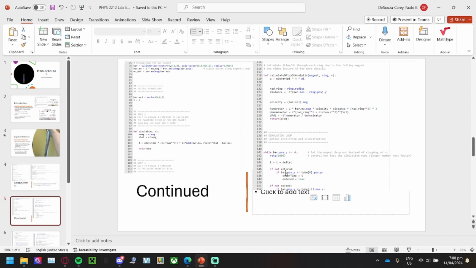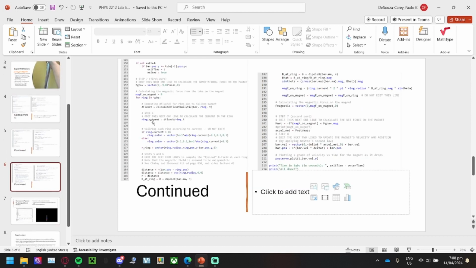Over here is where we start doing simulation, basically iterating through time. As you can see here, it waits a little bit and then goes through and calculates, as we can see over here, the induced force. To get to the force, you have to calculate your magnetic field at the ring, and then calculate how that's changing by getting your change in magnetic flux over time.